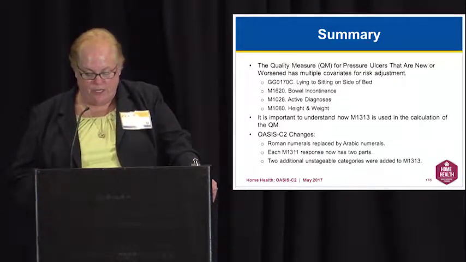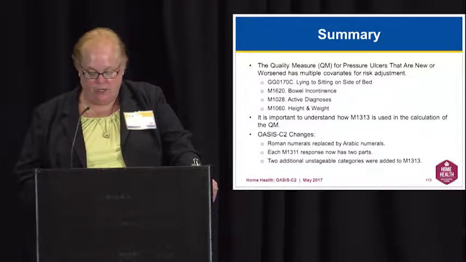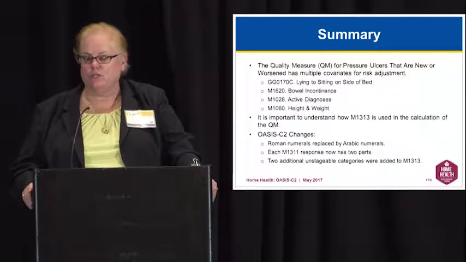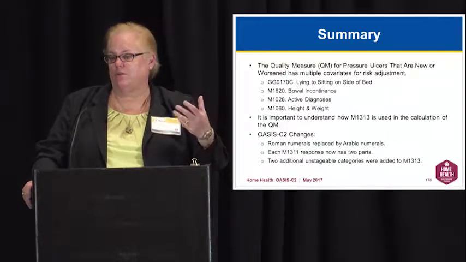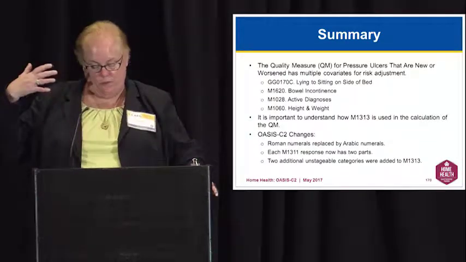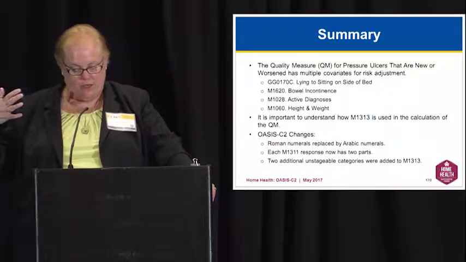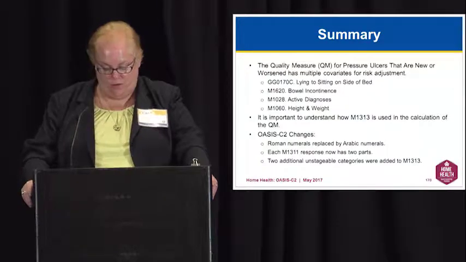It's important to understand that M1313 is used in the calculation of the QM. So M1311, all the work we did on that was just to establish what was there at the start of care. It's important because it's a comparison measure, but it's the answers at M1313 that are used to calculate the QM.